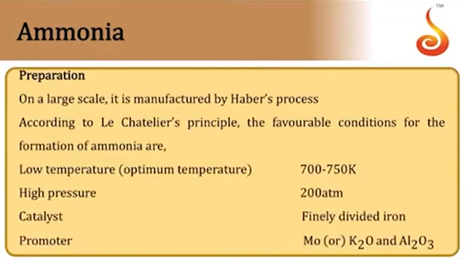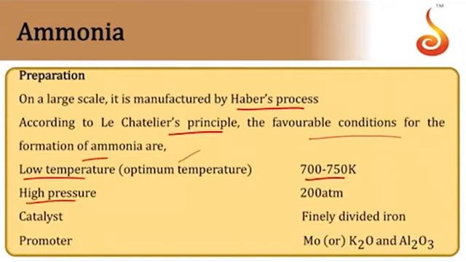Then coming towards commercial preparation, on large scale ammonia is prepared by Haber's process. As per Le Chatelier's principle, the favorable conditions for the preparation of ammonia are given to us. Low temperature is favorable, but an optimum value of 700 to 750 Kelvin is maintained. High pressure of 200 atmospheres is maintained. Catalyst is finely divided iron, and promoter is molybdenum or oxides of potassium and aluminium.